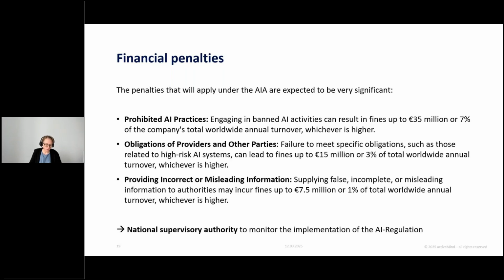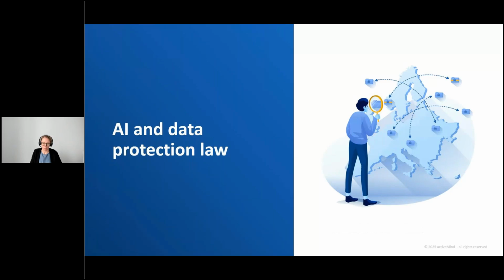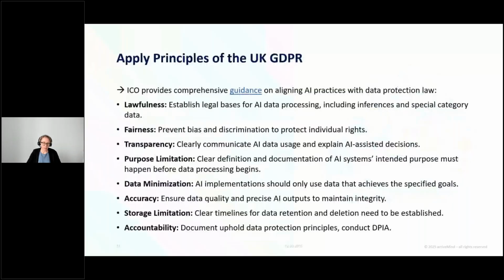So let's move forward to AI and data protection law. When you develop or use AI systems as a UK business, you definitely need to adhere to the UK GDPR. The ICO provides very comprehensive guidance on aligning AI practices with data protection law already.